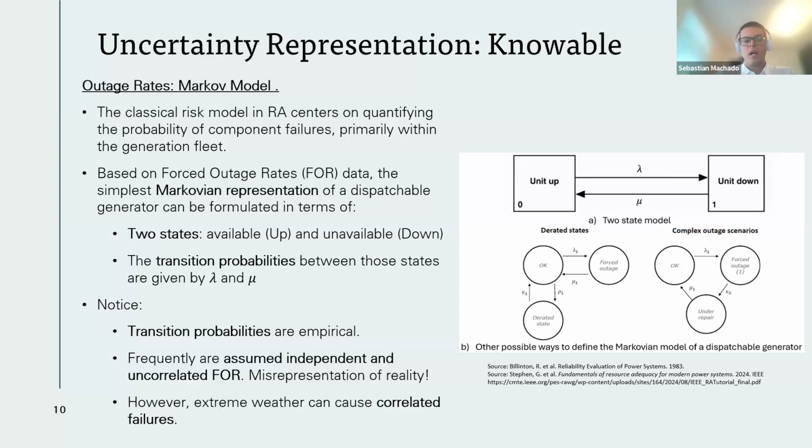So it is important to highlight that in this modeling approach, the transition probabilities are typically derived from historical datasets. While these datasets may be the best information available, it is important to recognize that past performance does not always reflect future reliability conditions. So parameterization should be treated with caution in those cases.